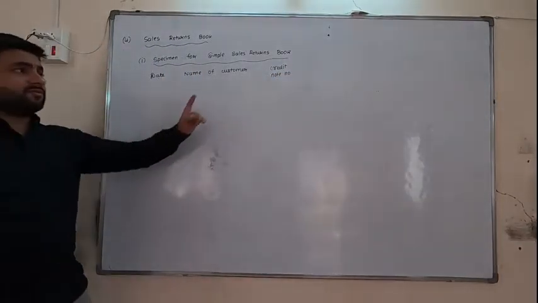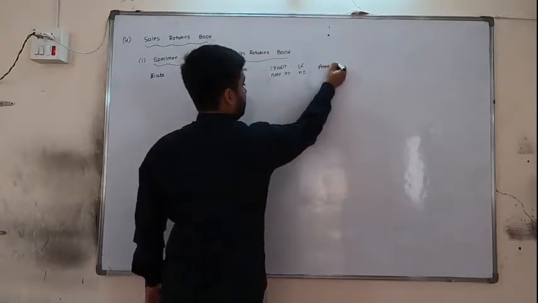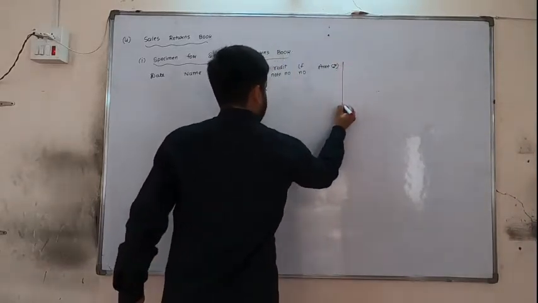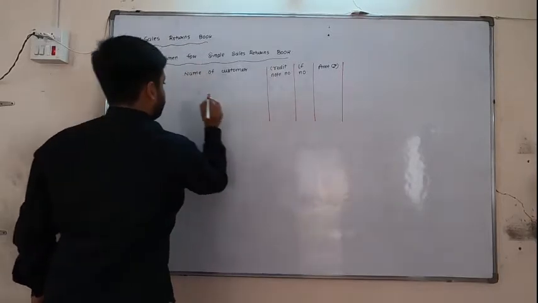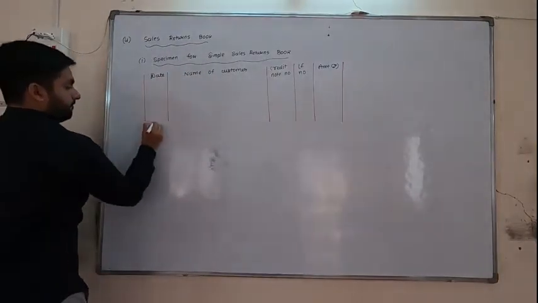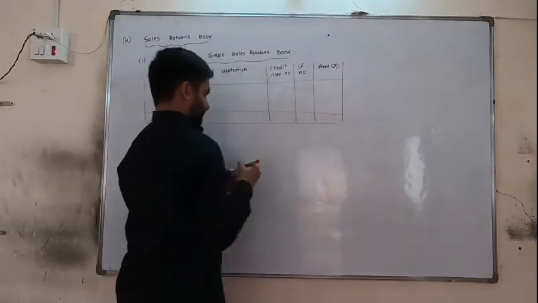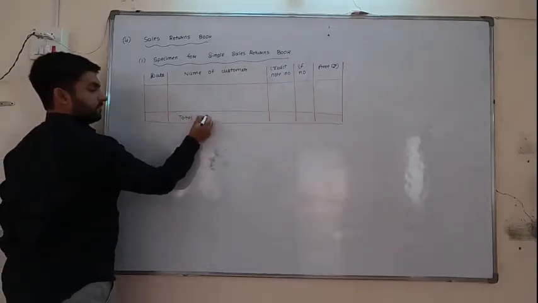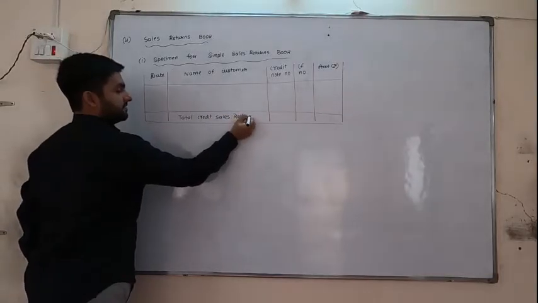Sales is always credit, so the goods which are credited are written back, so credit note number, LF number, amount in rupees. Total credit sales returns.